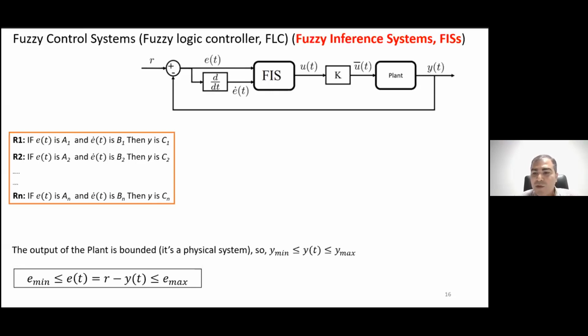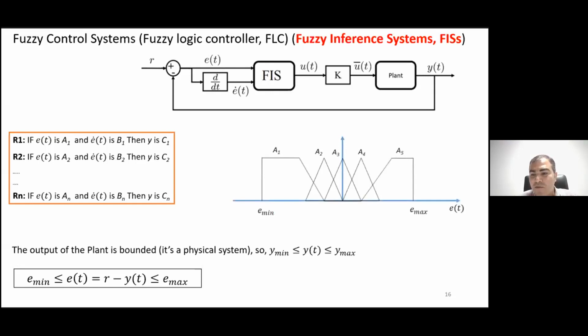Based on these values, we can consider a number of membership functions covering the interval E sub min to E sub max. Which type of membership function or how many membership functions should be considered is not discussed here, but usually 5 to 7 triangular or trapezoidal membership functions are considered.